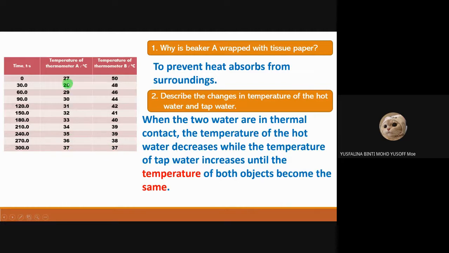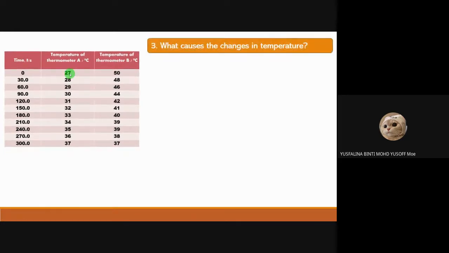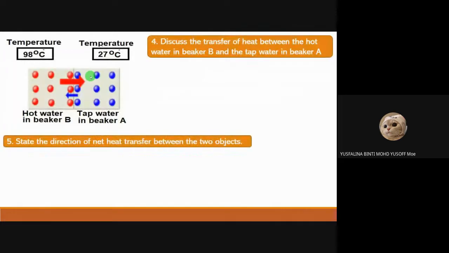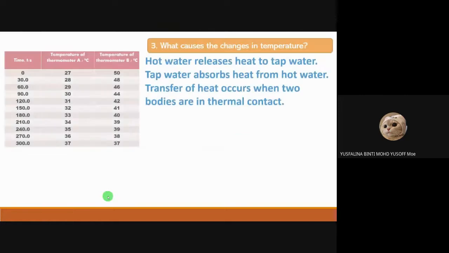So you can see the thermometer A, the one that you put in the tap water, keeps increasing, while the temperature of thermometer B keeps decreasing. This proves that there is a transfer of heat here, from the hot to the cold object.